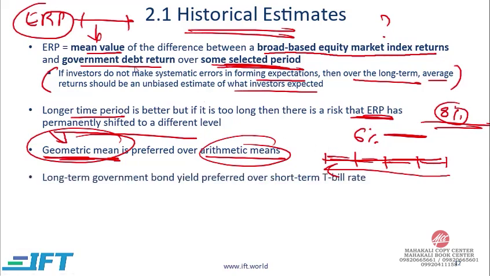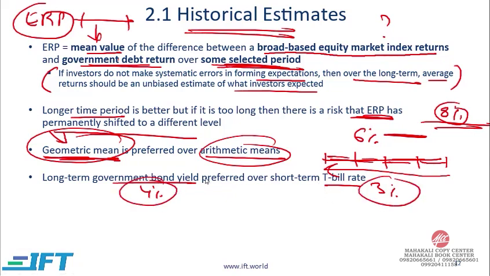Next point had to do with whether to use short-term government debt or long-term government debt. In other words, should you use the T-bill rate? Let's say that the T-bill rate is 3%, and let's say that the longer-term government bond yield is 4%. When you do the subtraction, market return minus the risk-free return, which return do you use?